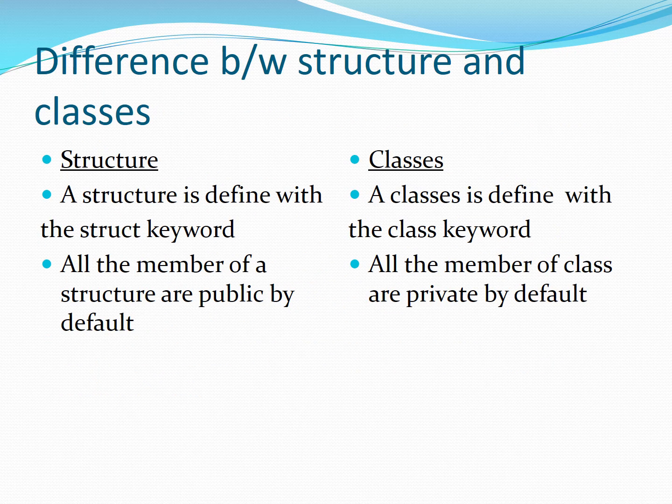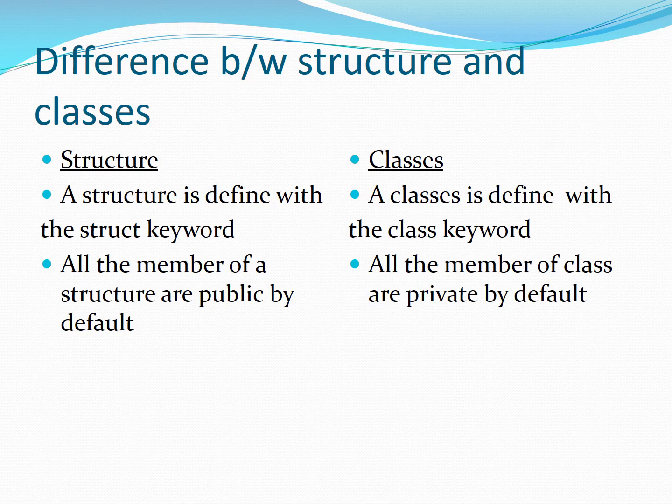After seeing array of objects and object as function arguments, the next topic is the difference between structures and classes. The first difference: a structure is defined with the keyword struct, and a class is defined with the keyword class.